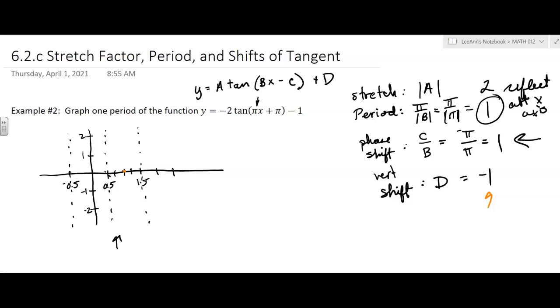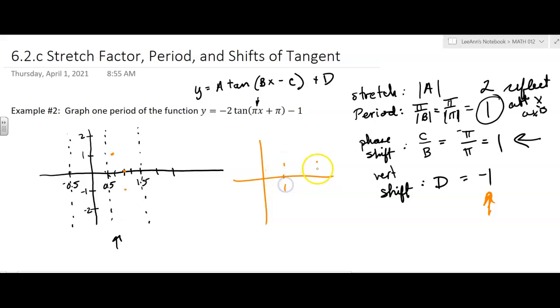Now my point that I drew in there is in the wrong place, that needs to shift down 1, so it's going to be right there. Then I'm going to think about the point that I would have had halfway in between. Normally it would have been up 1, but that's going to be multiplied by 2. Let me draw this real quick.